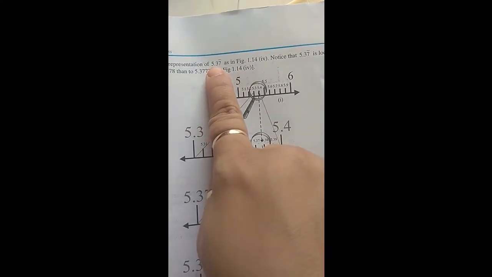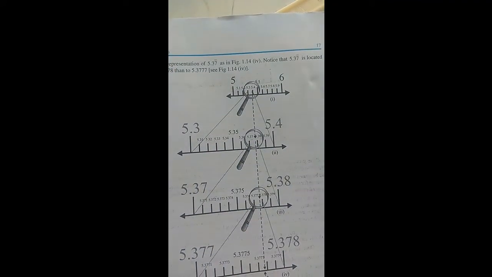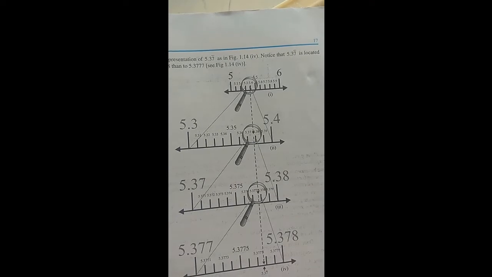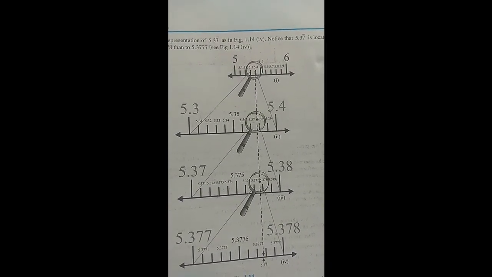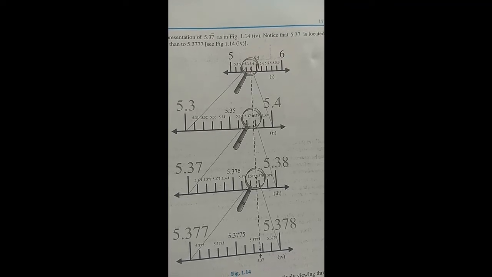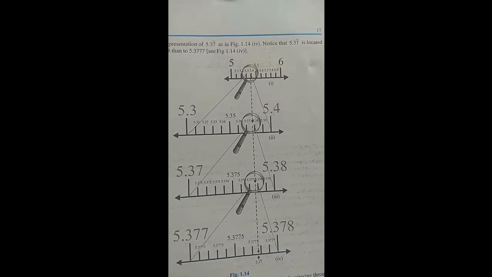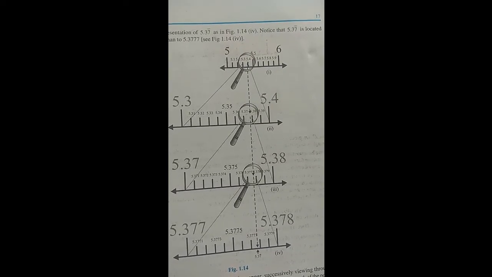Another example is here. Locate the representation of 5.37 bar. So 5.3, that means after 5 and before 6 we have to find the number. So here it is the example of 5.37. Then you can see the next number line 5.3, 5.4. Then here it is a round magnifying lens they kept. So you can understand that is a zooming area, or a magnifying area, for the next line.